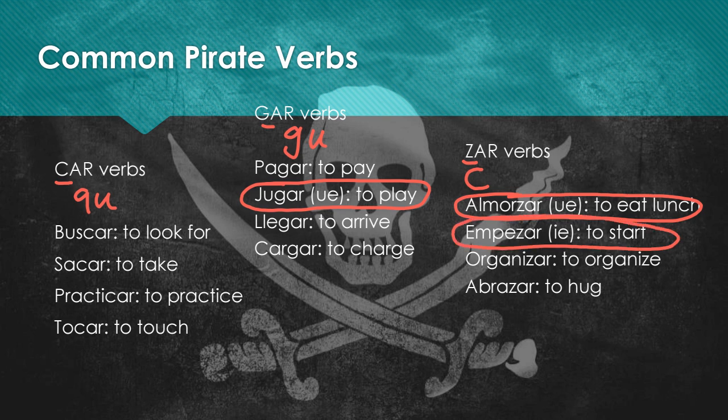The other ones, you just need to remember that small spelling change, but you don't need to worry about them being stem changers. So pause the video, look at this list in a little bit more detail if you need to, but you will want to be able to identify car-gar-zar verbs and then change them appropriately when you are giving negative tú commands.